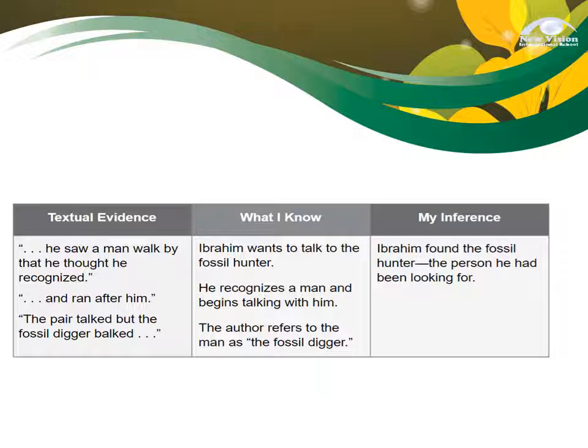He also recognizes a man and begins talking with him. The author refers to the man as the fossil digger. So based on the textual evidence and what you know already, your inference is Ibrahim found the fossil hunter, the person he had been looking for.